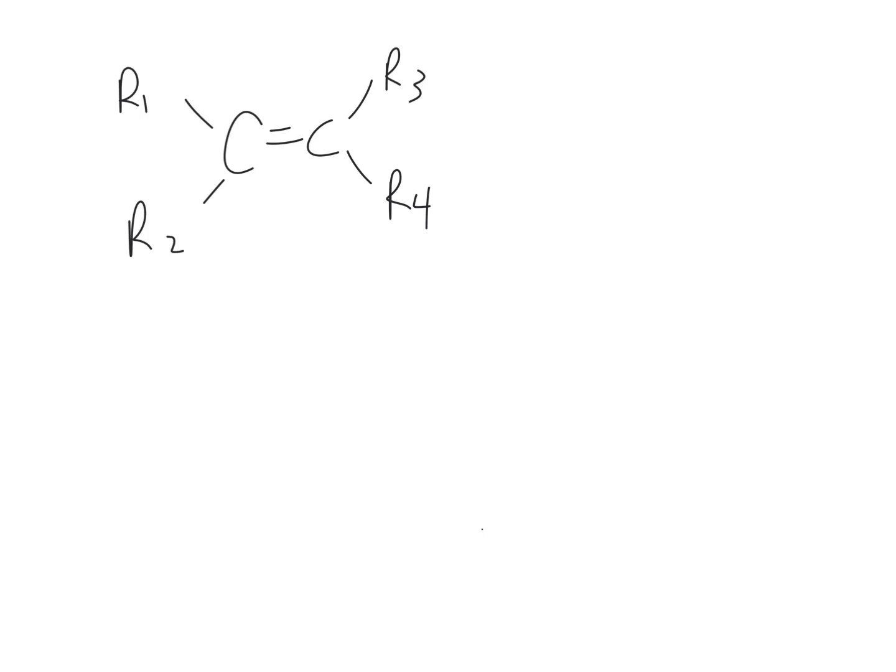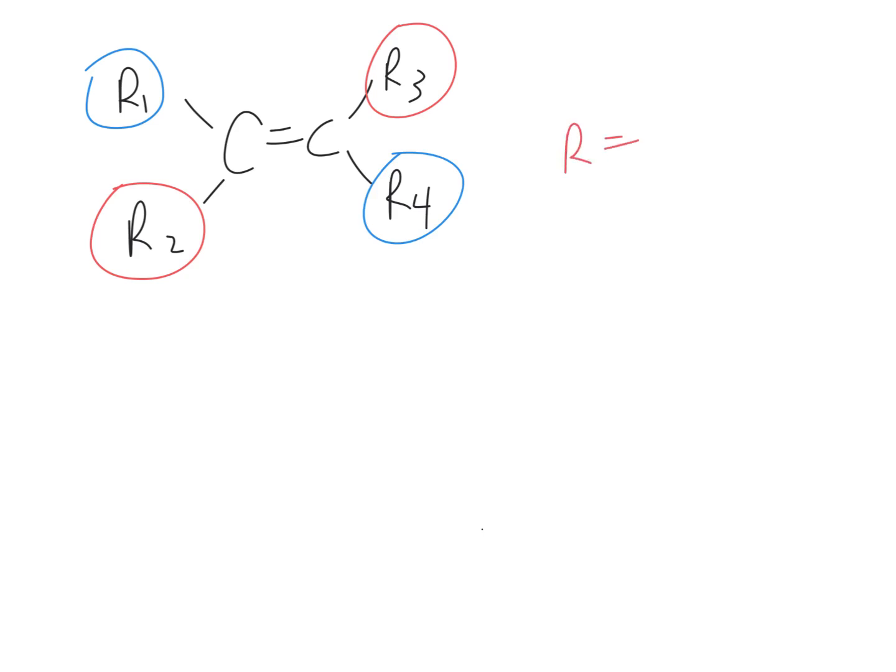If you have a look at this model of a representative molecule here with a double bond providing restricted rotation, you see I've used some notation: R1, R2, R3 and R4. When we use the term R, we call them R groups, and R groups just means something bonded onto the carbon.